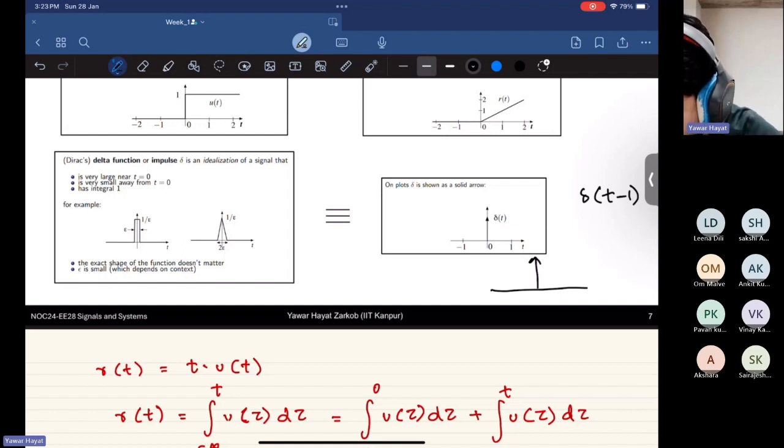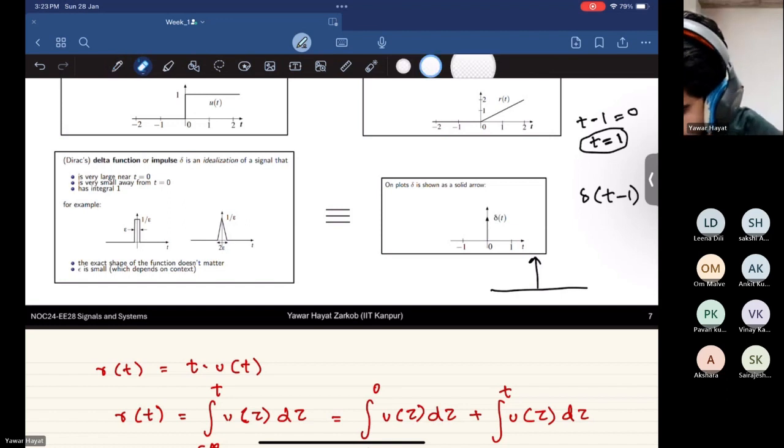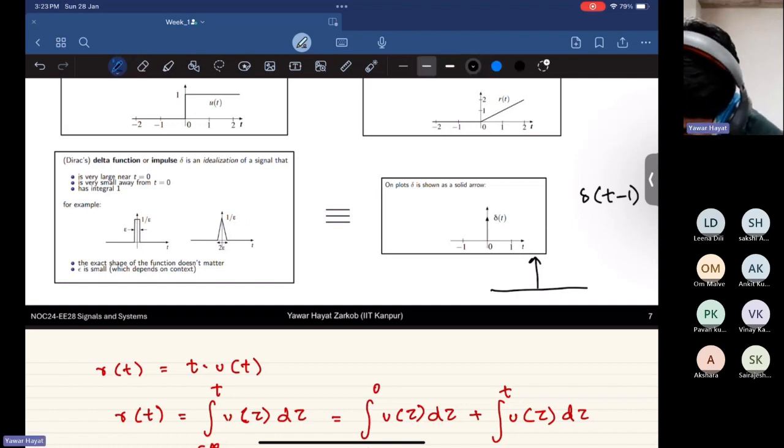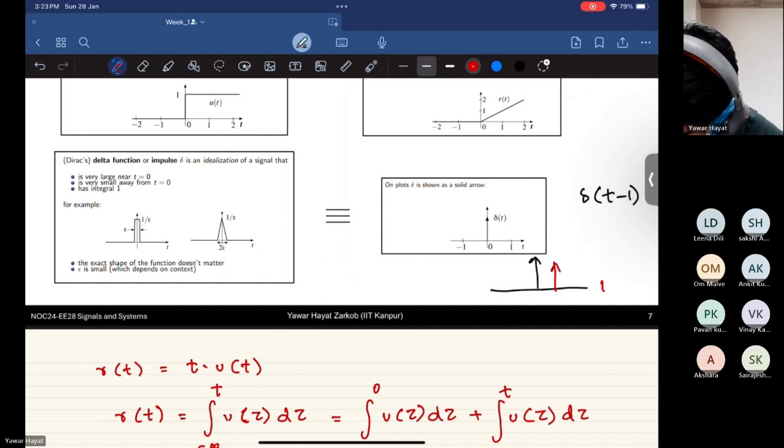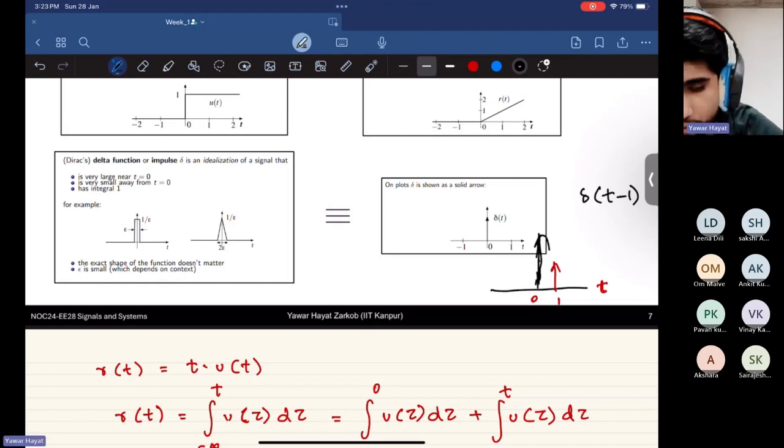So in this case, t minus 1 would have to be 0, that is, it would have occurred only at t equal to 1. I hope you got the point, right?